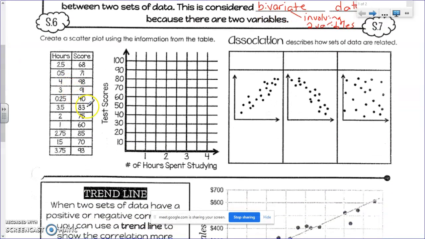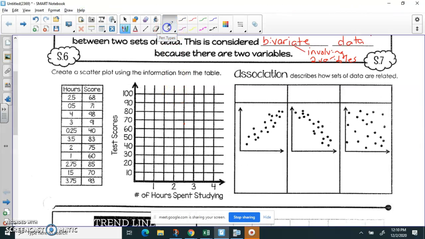So here, if we were to plot these points, if we have 2.5 and 68, we go up to 68 and put a dot there. Let me change this to a highlighter so that we can actually see it.